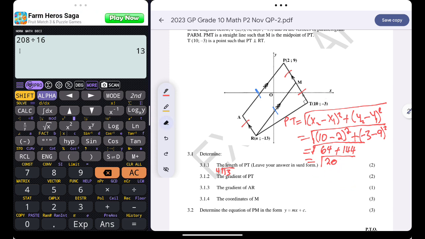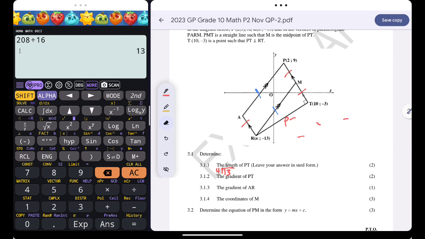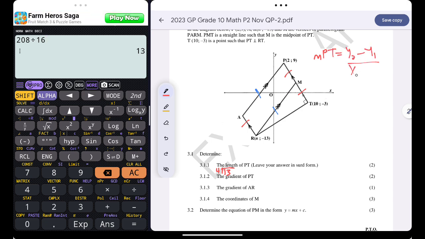Let's find the following question. We are asked to calculate the gradient of line AR. But the gradient of PT first. I can simply say that the gradient of line PT is equal to y2 minus y1 over x2 minus x1.